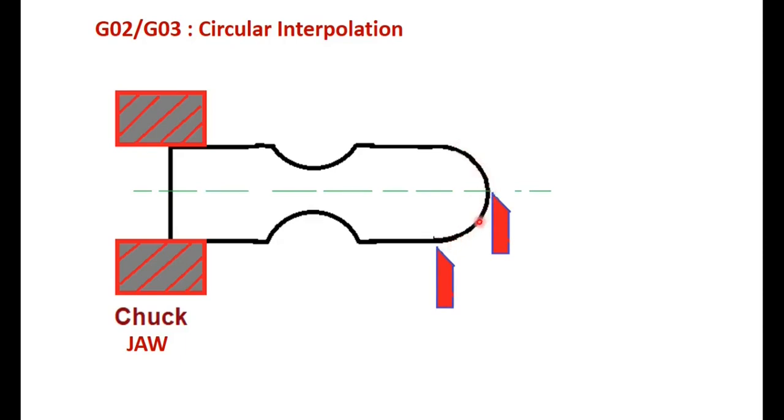I can get this complete profile at the end of this workpiece. Similarly, when I have to do this part, I have to start here and then go on moving along this like this. You can assume this is clockwise, so you may have to use G02. This is anti-clockwise, so you may have to use G03.